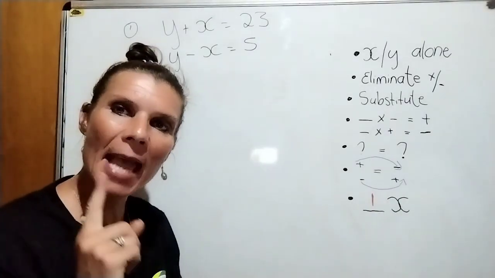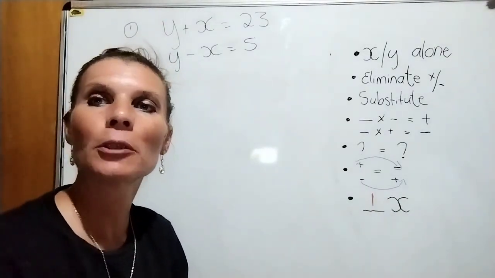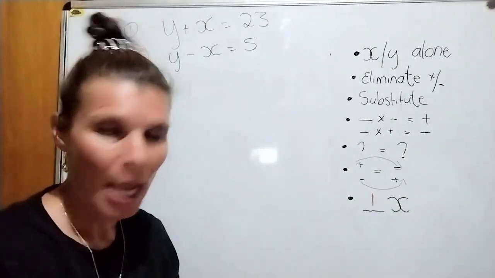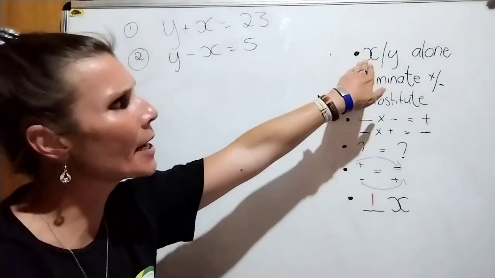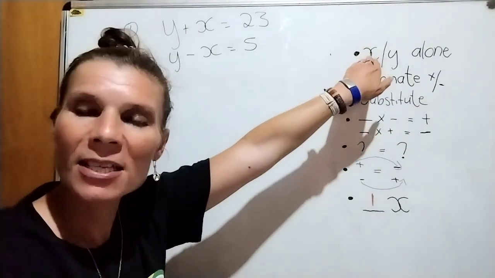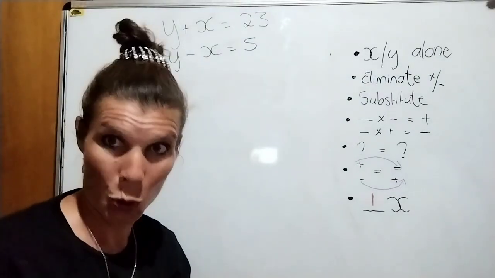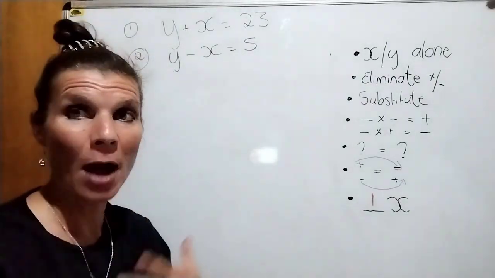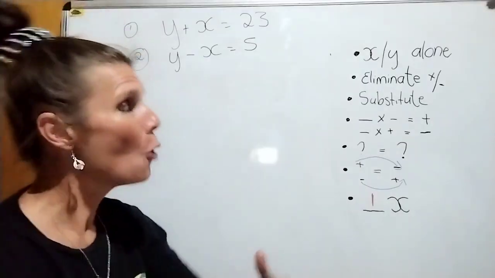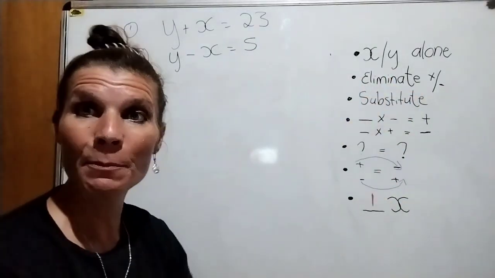Now, what is the aim of working with simultaneous equations? We need to get either the x or the y, the unknown variable, alone. Right. Now, how can we do that? We can use the process of elimination.